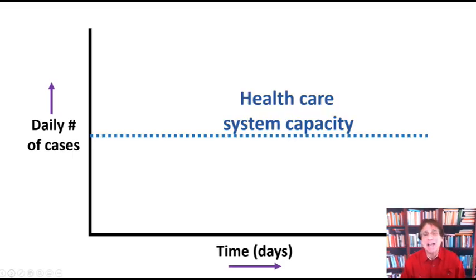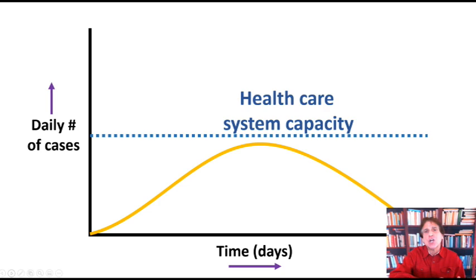Let's begin by graphing the dynamics of an outbreak, an epidemic, or a pandemic. And it begins at the origin. And as you can see, as we move from left to right on this graph, we have a curve which slowly rises, the slope goes up, then it reaches a peak, the top of the hill, and then it begins to gently fall. What I want to bring your attention to is how high this curve actually goes.